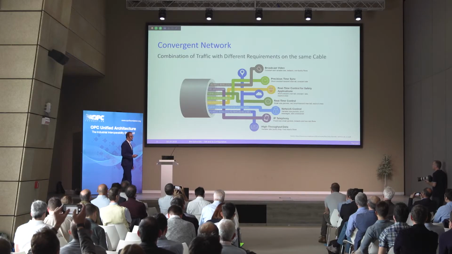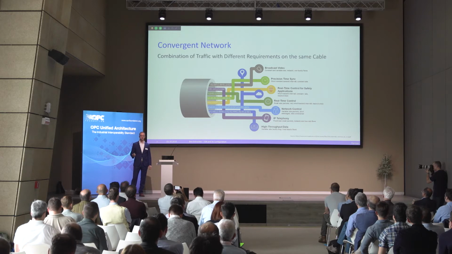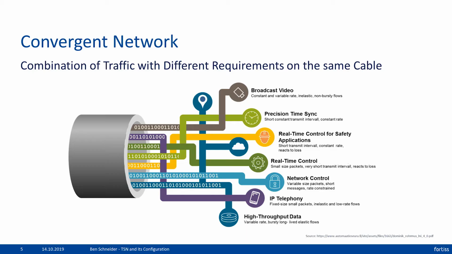The idea is to transmit these on the same network cable. You could have broadcast video traffic, safety traffic, streams with very high requirements on latency and jitter, and also high-throughput data, all transmitted over the same network cable. That's the idea of the convergent network.